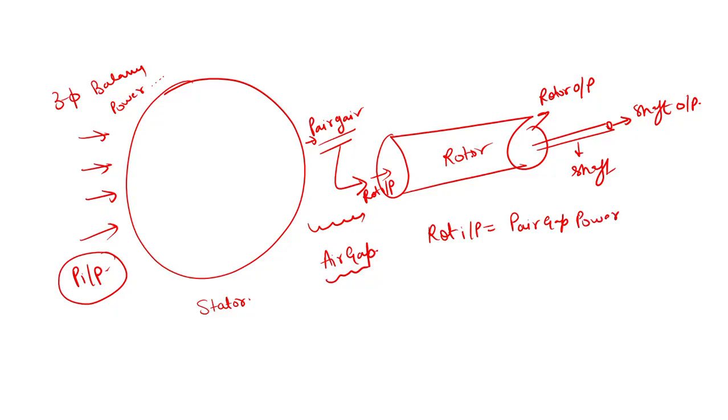Okay. And there are some losses: rotor copper loss and rotor iron loss. Same like here, we have stator copper loss and stator iron loss.